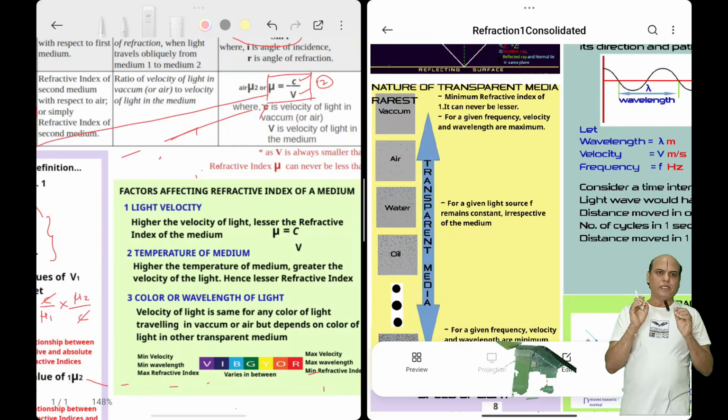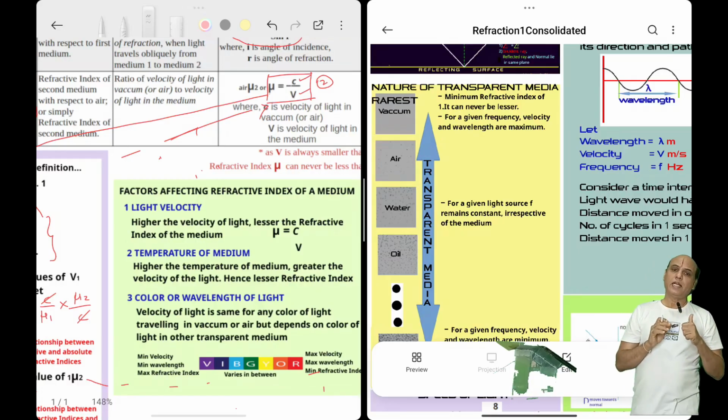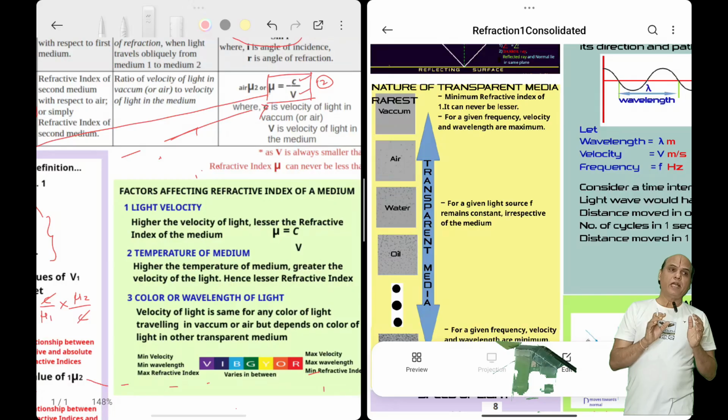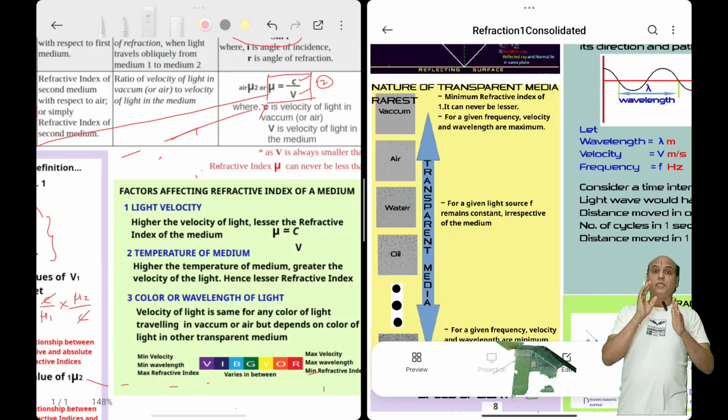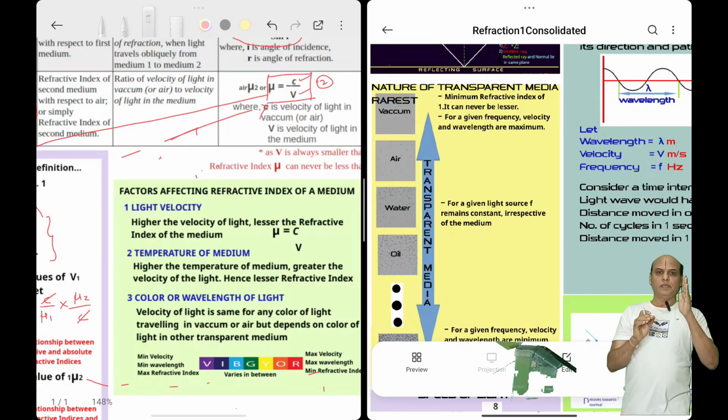Because red has the maximum wavelength. Therefore, red light will have maximum velocity. So a person at a longer distance can see red light more easily or faster than violet light.